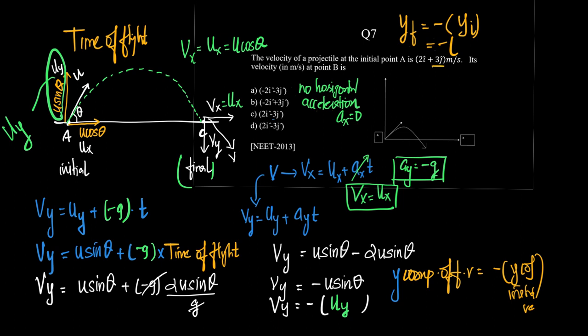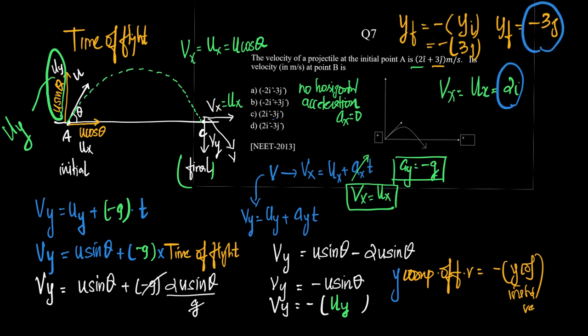It is 3j. So the y final will be equal to minus 3j, and we know that Vx is equal to Ux, which according to the question is 2i. So the correct option is 2i and minus 3j, which is option D again.